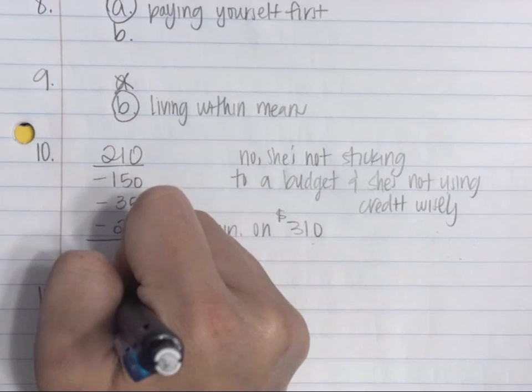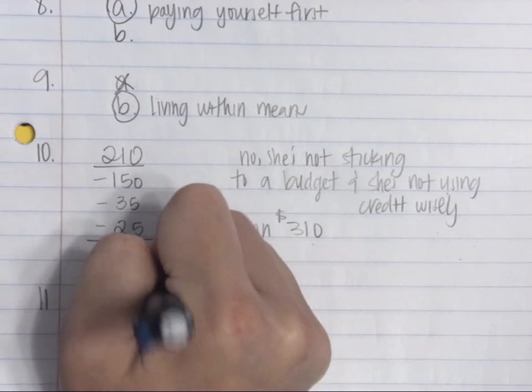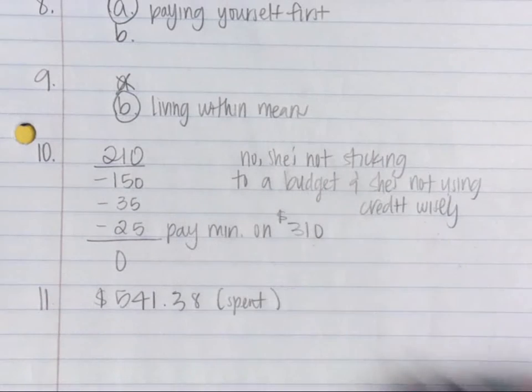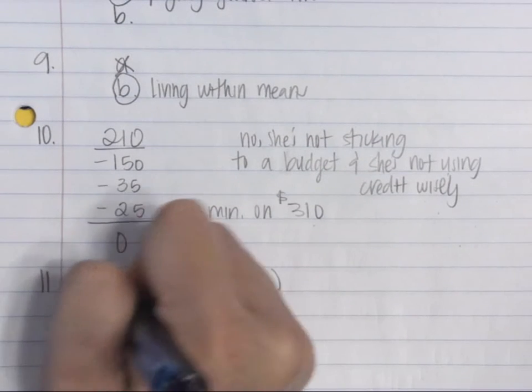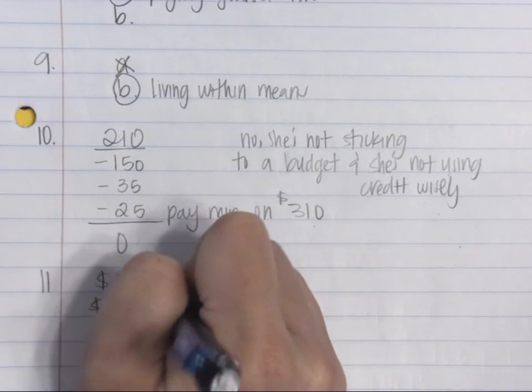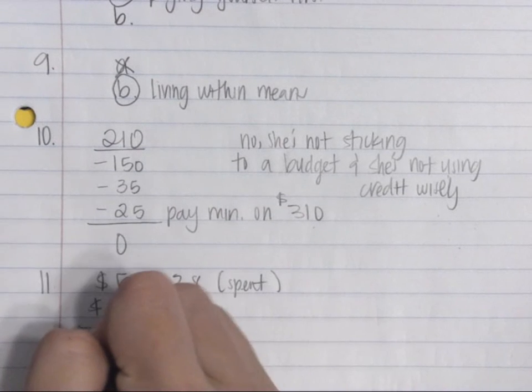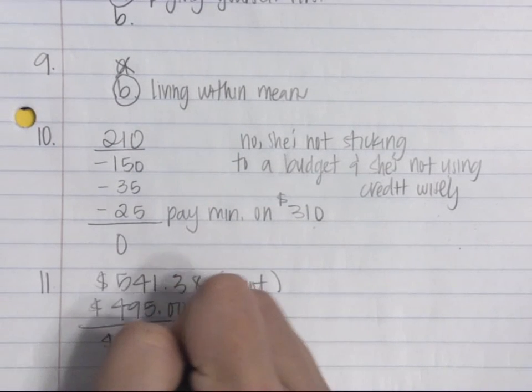So she spent $541.38 last month, except that her budget is only $495. So she went over $46.38.